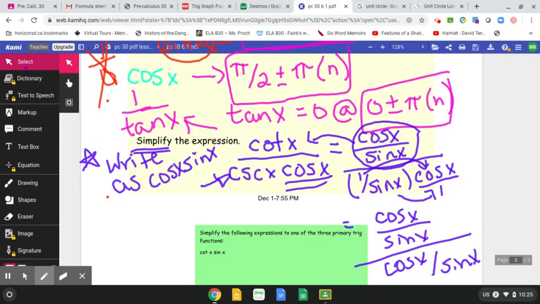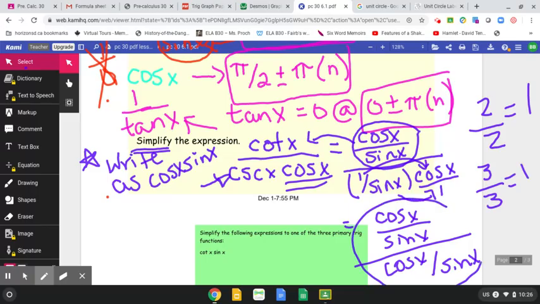Now, if you had the same thing over the same thing, what does that equal? So that is simplified, whether you want to believe that or not.